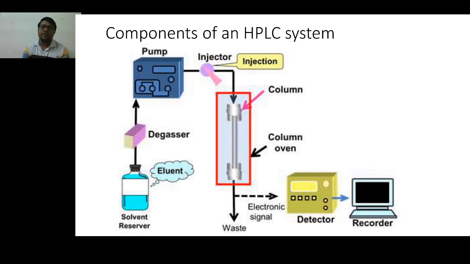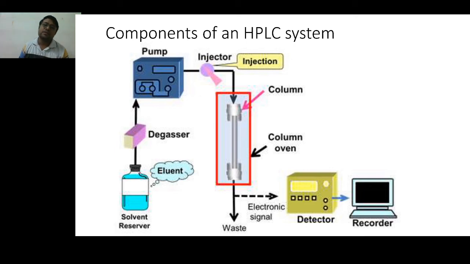The column is equipped with the stationary phase. On the wall of the column, like a pipe, there is a stationary phase. It has a small capillary size, and the bore size is small. As soon as the analyte solution goes into the column, the analytes bind to the walls having the stationary phase, adsorbed according to their capacity at different intervals.